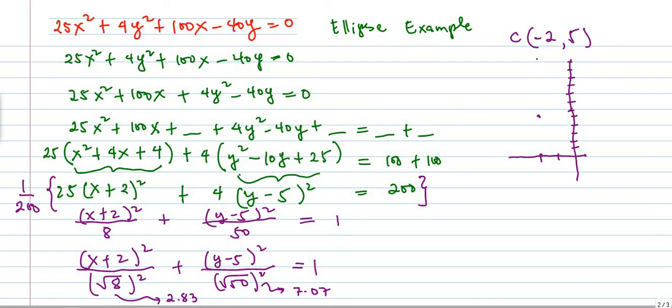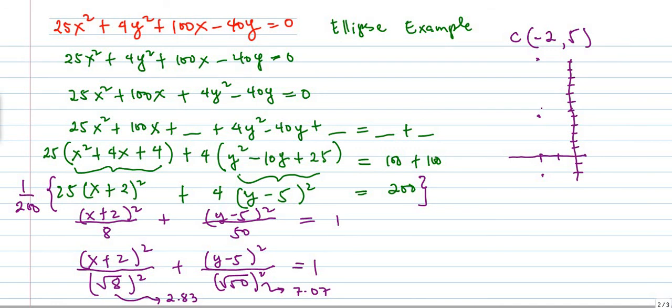Pero 0.07, so lampas siya ng konti. Okay, estimate na lang yan. And then, yung lower part, that is 7.07. 1, 2, 3, 4, 5, 6, 7.07. So, dito po. Lampas konti.